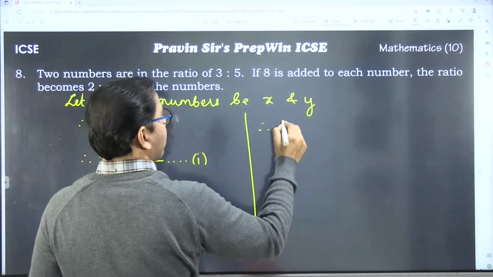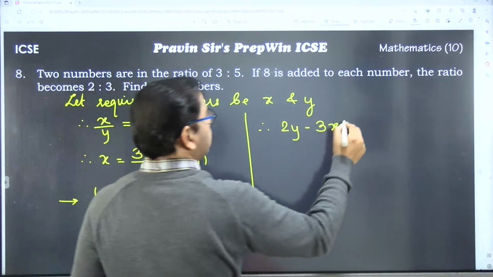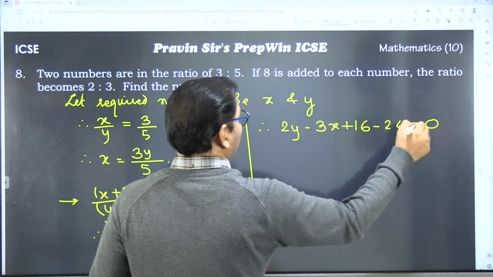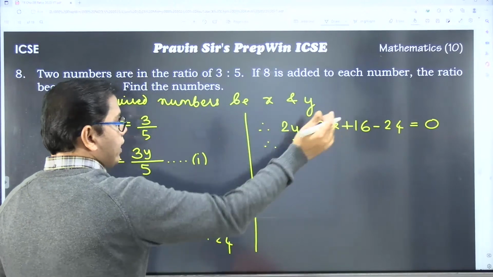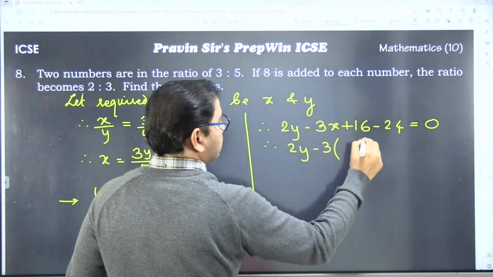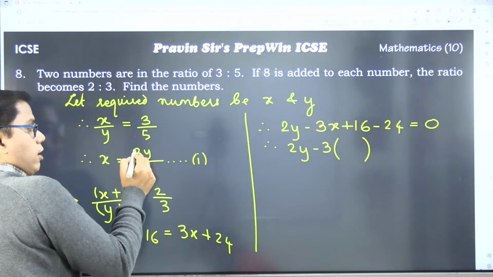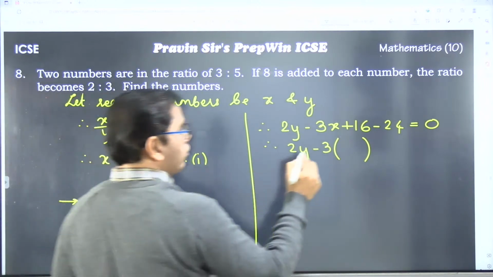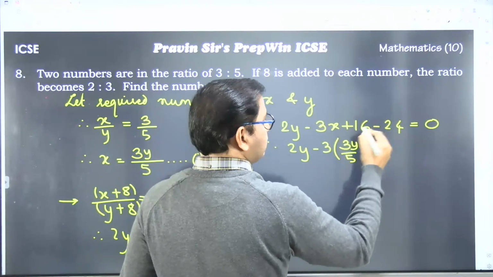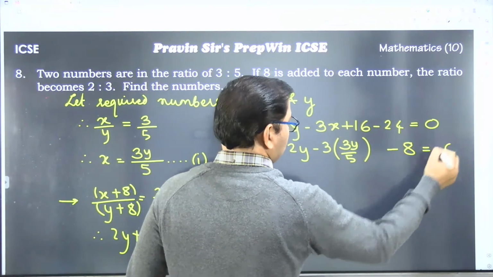Therefore 2y minus 3x plus 16 minus 24, everything is brought to the left hand side, so the right hand side will become 0. 2y minus 3x, let me substitute the value of x. From equation number 1 I know x is equal to 3y by 5, so 3y by 5, minus 8 equal to 0.